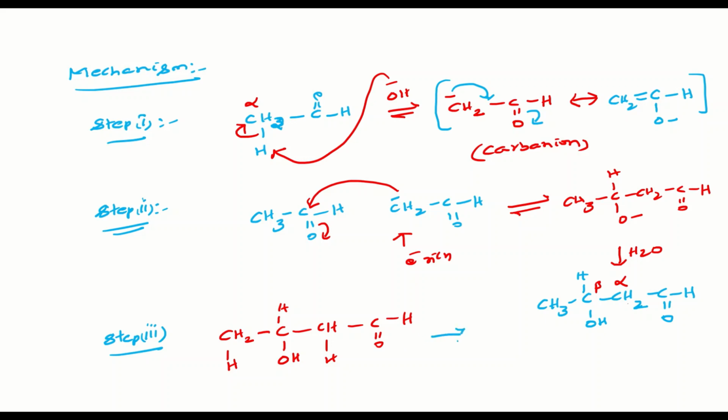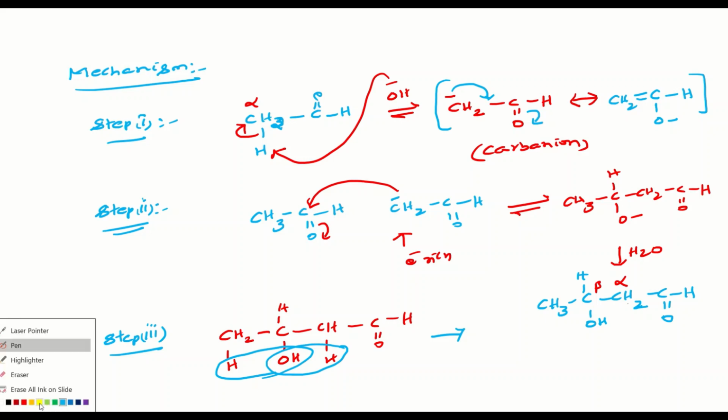For our convenience and simplicity, I have used this form. If you look at this molecule, there are two different hydrogens present with respect to the OH. So we can eliminate from either side in terms of a water molecule, dehydration. We can remove it from either this side or this side. There are two possibilities.